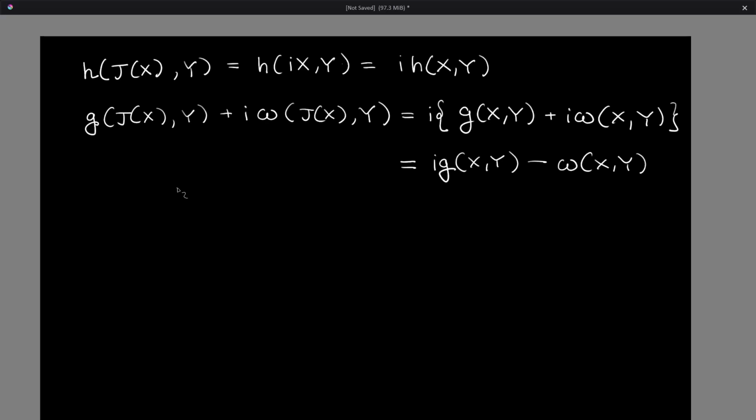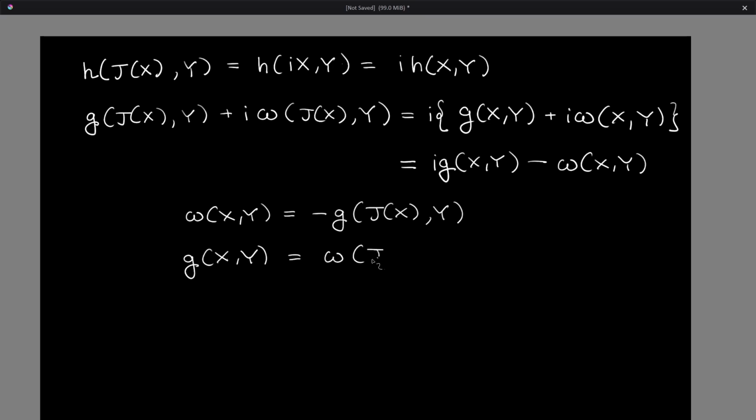Comparing the real and imaginary parts, what do we get? We get omega xy is equal to minus g of j of x, y, and we get that g of xy is equal to omega of j of x, y.